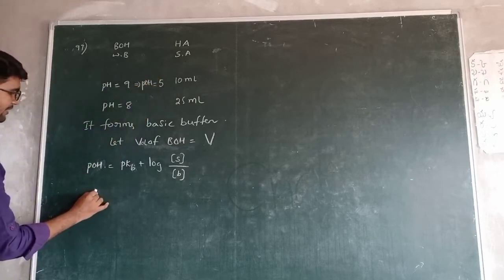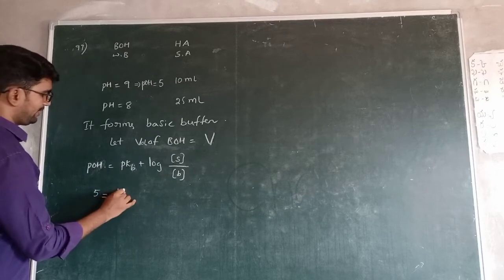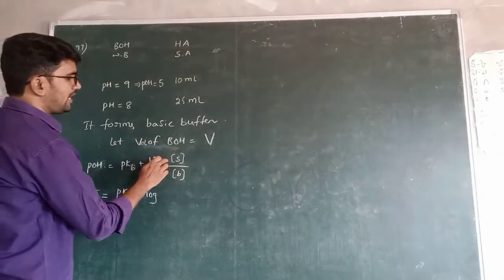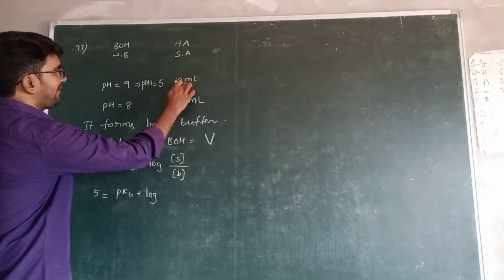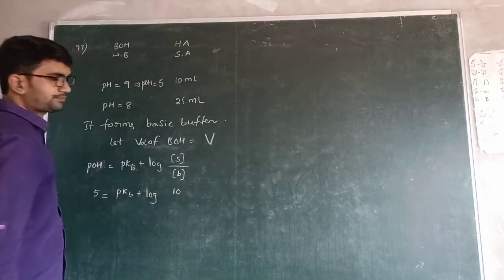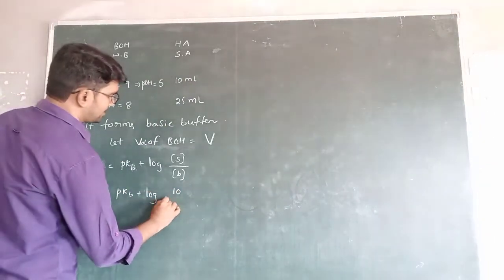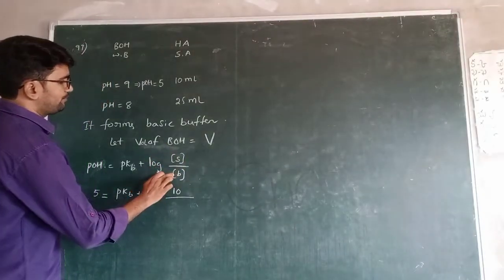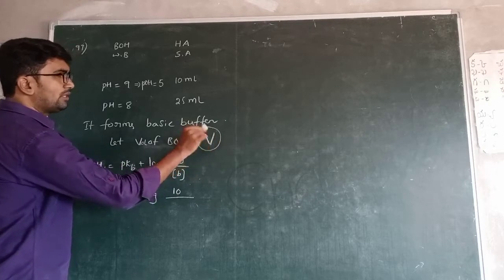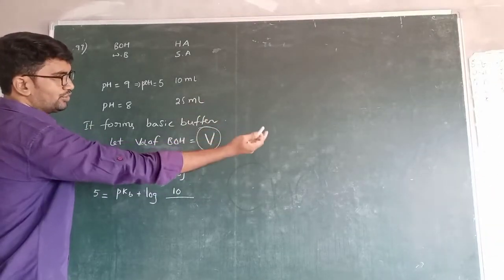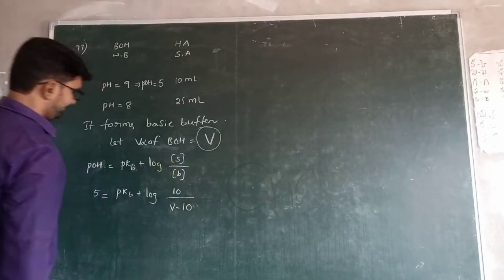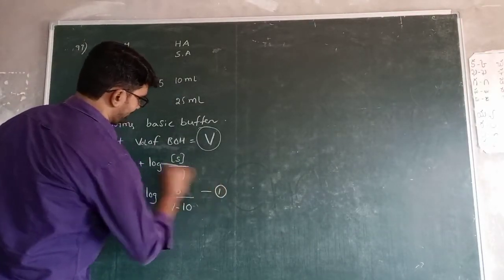Then 5 equals pKb plus log. How much salt is formed here? 10 ml of strong acid is added, so exactly 10 ml of salt is formed. And how much base is left? Total volume is V, and only 10 ml is converted to salt, so the remaining base is V minus 10. This is equation number 1.